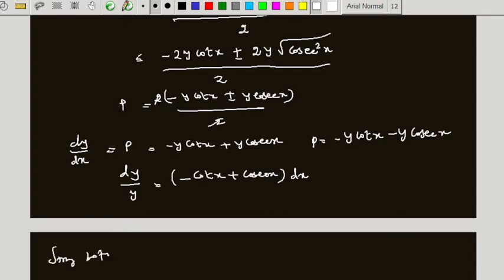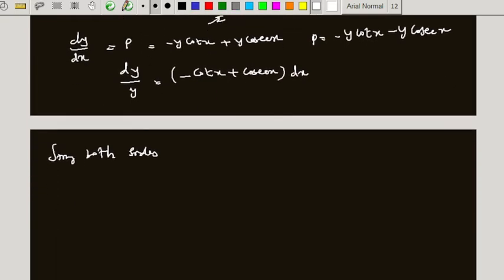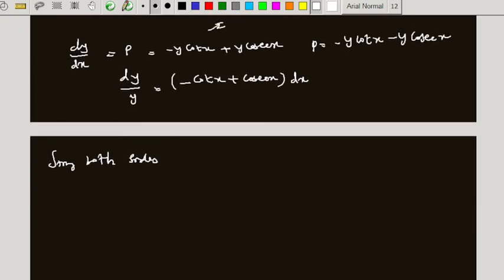Integrating both sides, we get log y equal to the integral of cot x, which is log sin x, and the integral of cosecant x, which is log tan of x by 2.